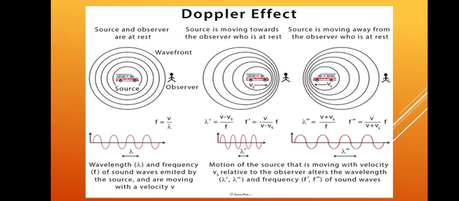When the source of the sound wave is moving towards the observer, each successive cycle of the wave is emitted from a position closer to the observer than the previous cycle. Hence, from the observer's perspective, the period or time between cycles is reduced, meaning the frequency is increased.